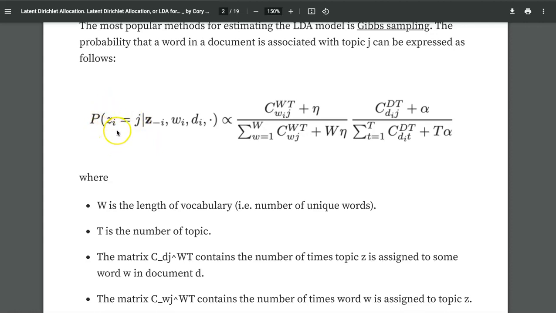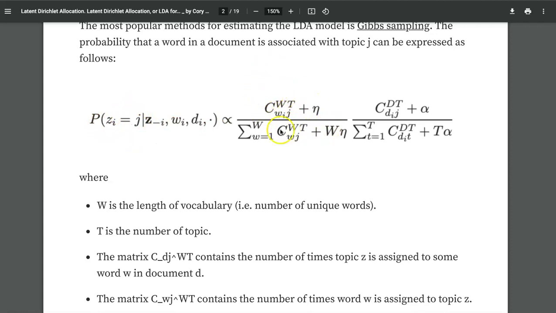We want to know whether it is from topic class 0, and then we will calculate whether it is from topic class 1. There are only 2 possibilities: the word can be in topic class 0 or in topic class 1. So first find if it is in topic class 0.